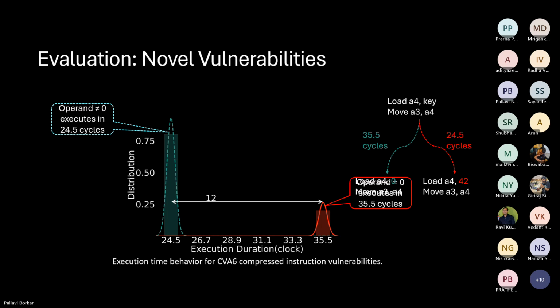So if the value of the key is equal to 0, then this instruction would take more clock cycles, whereas if it is not equal to 0, then it would take fewer clock cycles. This difference is actually very visible when executing, so you can extract the value of this key by observing the execution of this sequence.